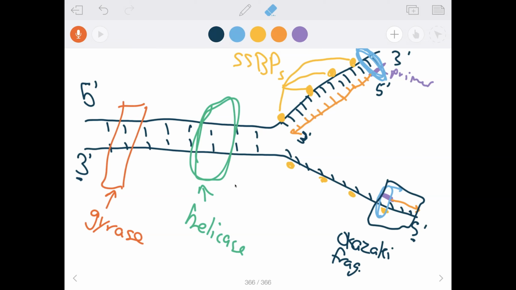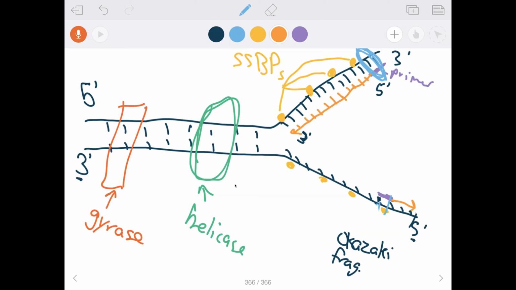So, let's get rid of the little box, and we're going to say polymerase is gone as well. We're left with our primer and then the section that it built. The problem is that primer needs to leave.